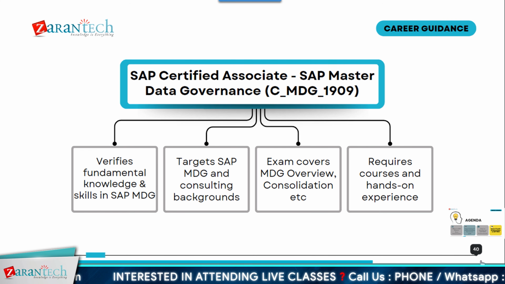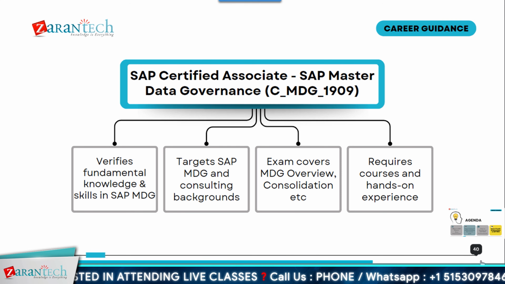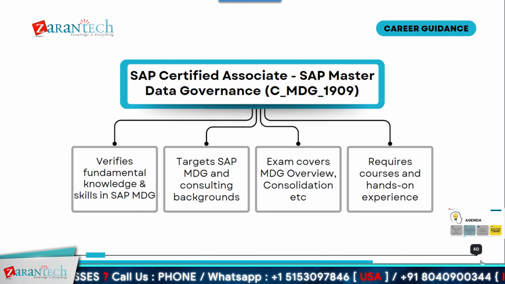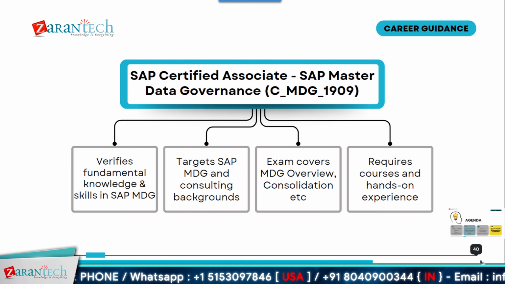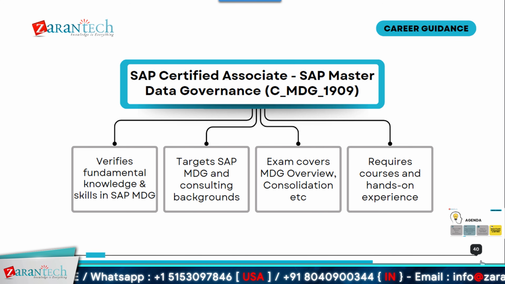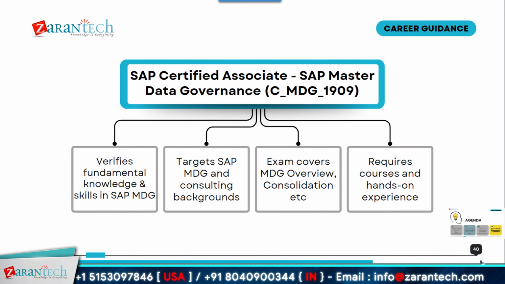By conquering the C_MDG_1909, you demonstrate a thorough understanding of core concepts and processes crucial for MDG success, from overview to consolidation, domain-specific capabilities, change request processes, data quality, and data replication.